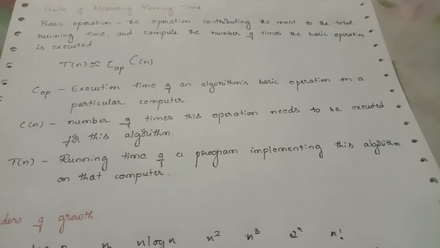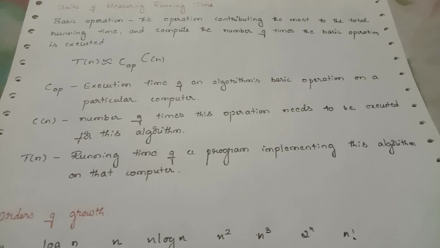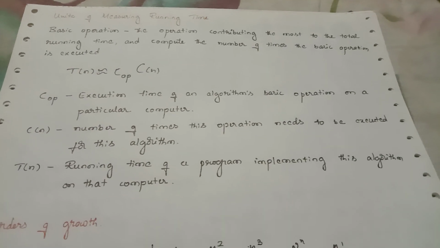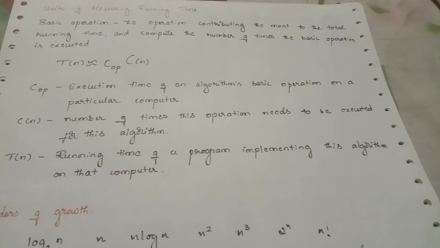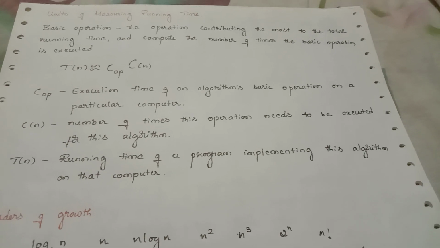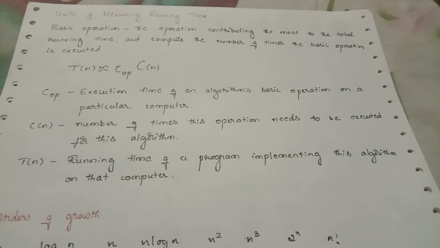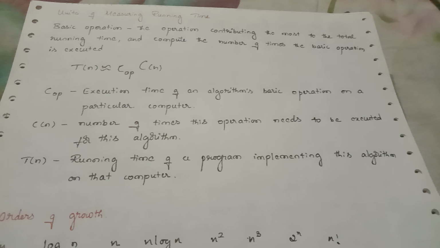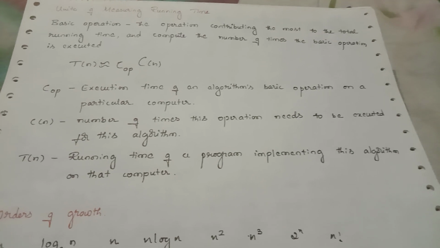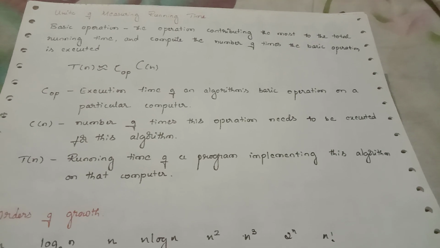So this is the formula to find the time efficiency of an algorithm by finding the number of times the basic operation has been executed. The basic operation is the operation which contributes most to an algorithm.